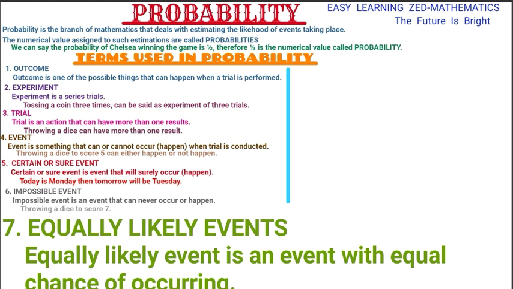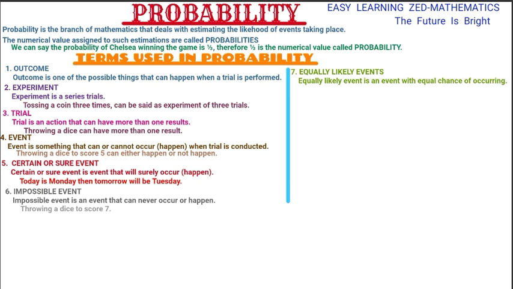It can either land on a coat of arms or on a head. So there are 2 chances here. The probability of the coin landing on a head is 1/2, and the probability of the coin landing on a coat of arms is 1/2. So the chances or the likelihood are equal. So that is what we call equally likely events.